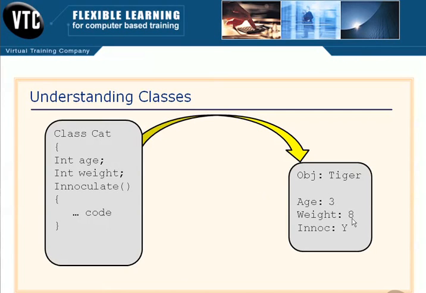I can set that. Tiger weighs 8 pounds, and if I call the inoculate function, or method, if you will, in there, it's going to run some code. It might be 100 lines. It connects to databases. It does all kinds of stuff. Who knows what I'm going to pass into it. And what it returns to me is yes, inoculation was successful. Yes, Tiger has been inoculated. All that kind of stuff.